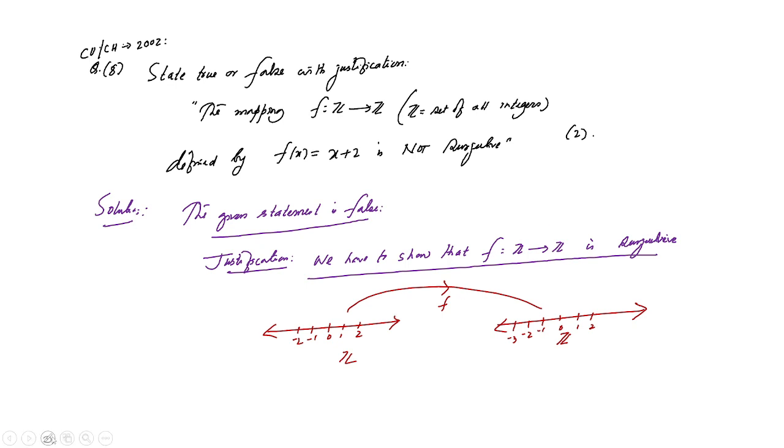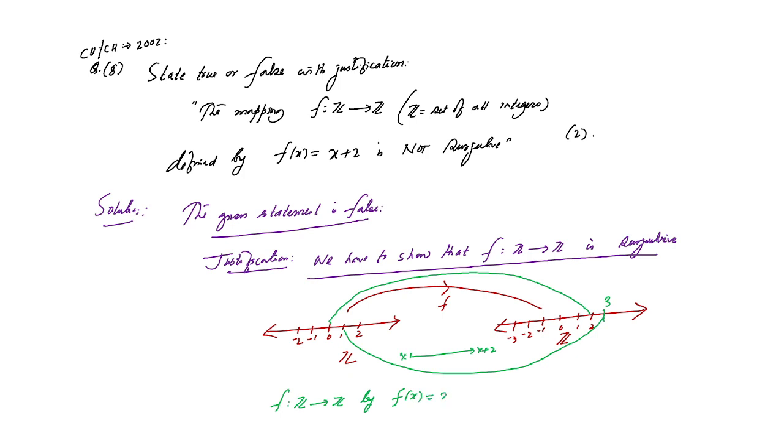If we take the image of 0, it will be 0 + 2, so 0 goes to 2 and 1 goes to 3, because x goes to x + 2. So f is defined from Z to Z by f(x) = x + 2 for all x belonging to Z. Now we take an element y in the codomain set, and we will say y has a preimage in the domain set.